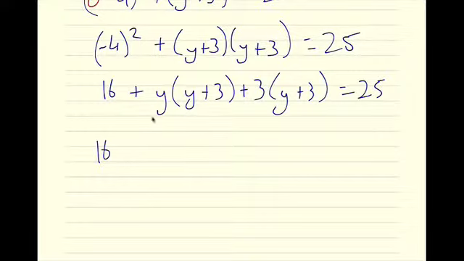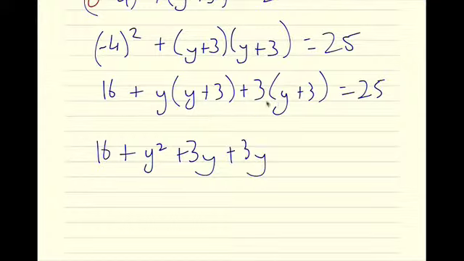And then we multiply. Do you know how to multiply this out, Reese? What's y by y? y by y is y squared. And then we do the y by the 3, which is plus 3y. Then we do 3 by y, which is plus 3y. You okay with this, John? And then 3 by 3, Reese, which is what?